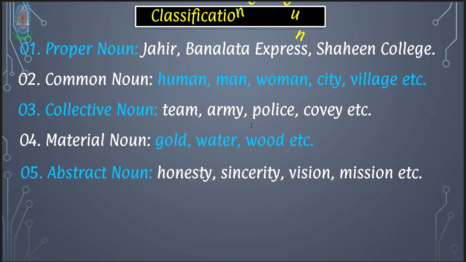And material noun is actually the element of a common noun, the ingredient of a common noun. Material noun is actually the ingredient that you use to make something. For example, gold. Gold is a material noun. It is the ingredient or component of an ornament.